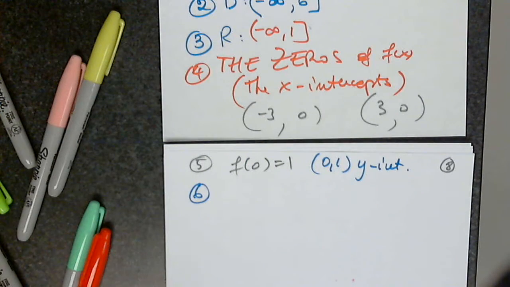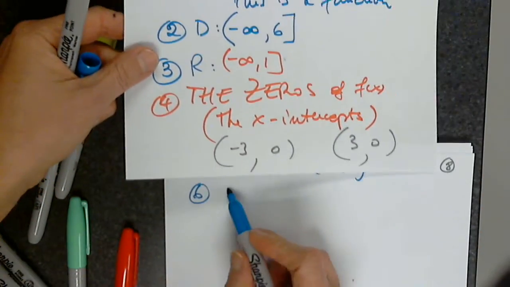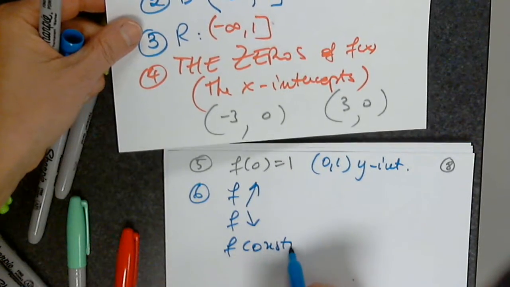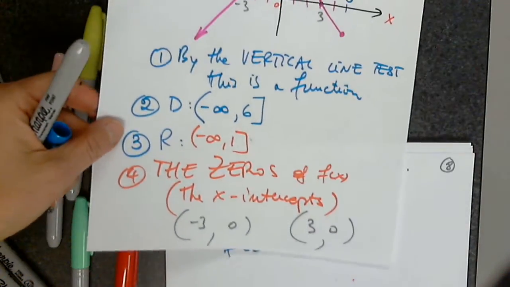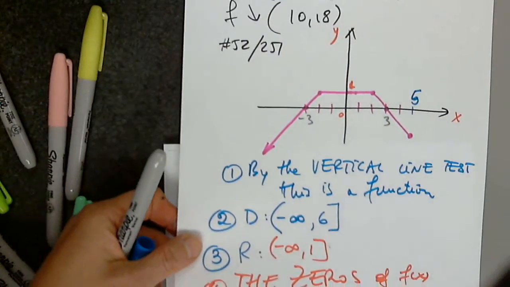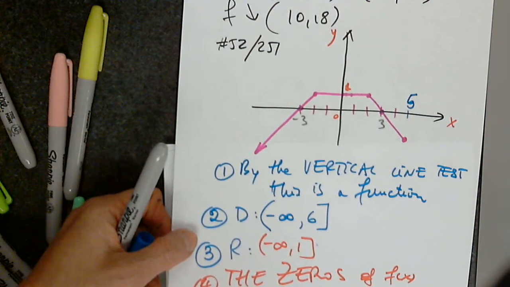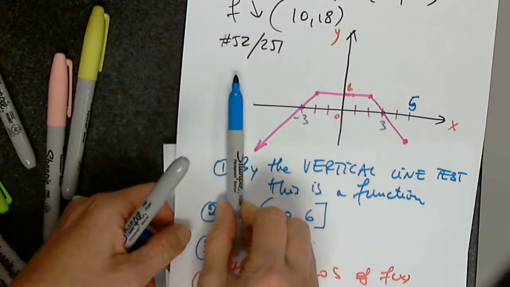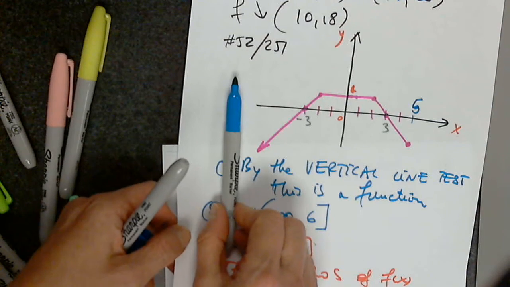Perfect. Intervals on which the function is increasing, decreasing, or constant. F increasing, f decreasing, f constant. So it's increasing between, we are looking at the x-axis. The answer is on the x-axis.